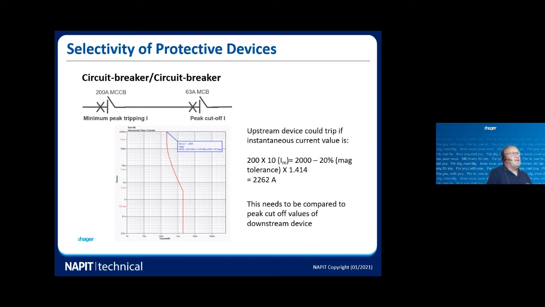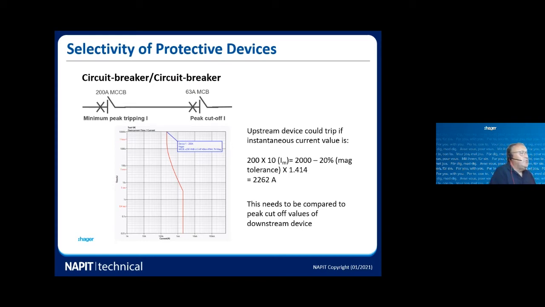If you adjust the magnetic, you're adjusting the tripping characteristics of the magnetic part of the circuit breaker. So let's use, for this example, a magnetic setting of 10. 200 times 10 is 2000 amps, which is going to operate the magnetic part of this circuit breaker.